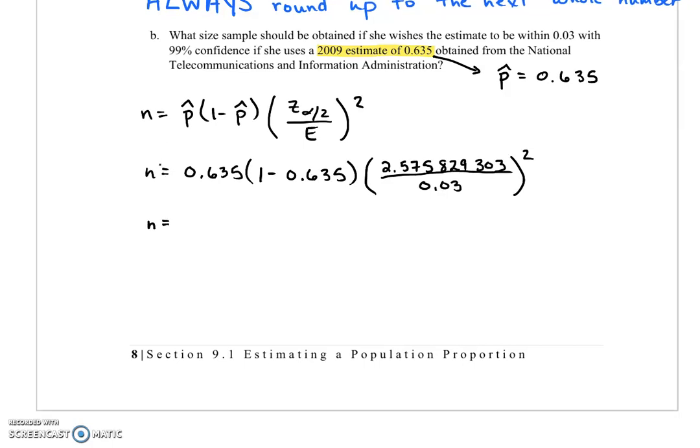So in this case, when you type it in the calculator, you get n is 1708.67. And again, we always round up, even though this one would normally round up. So we need 1,709 households.